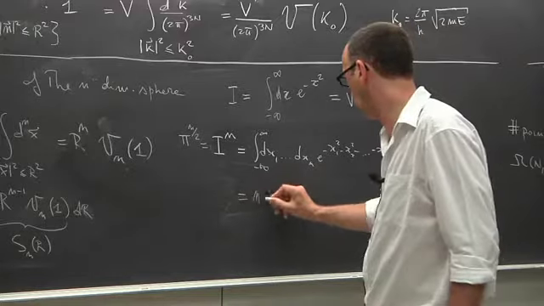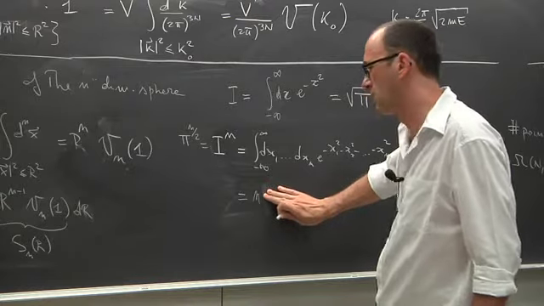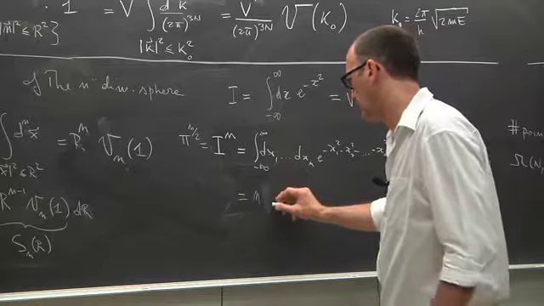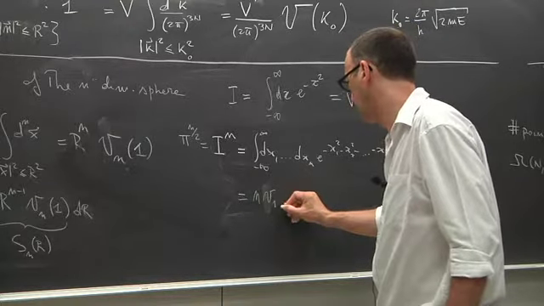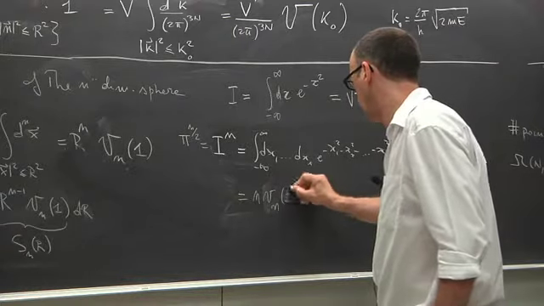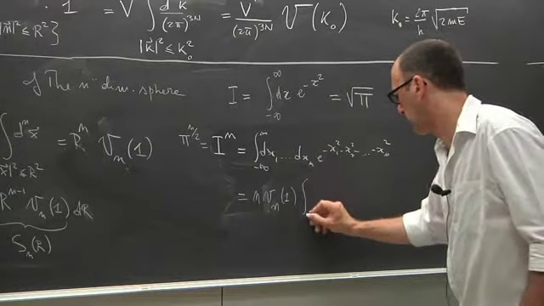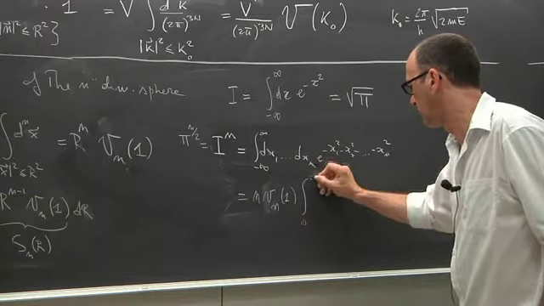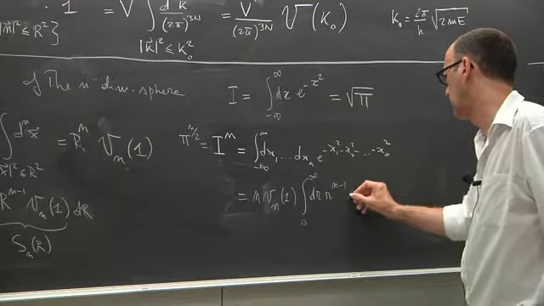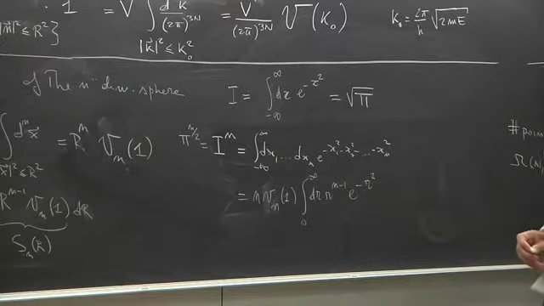So I have the surface of the unit sphere, which is just n times v_n of 1, times an integral from 0 to infinity of dr r to the n minus 1 e to the minus r squared. Okay?